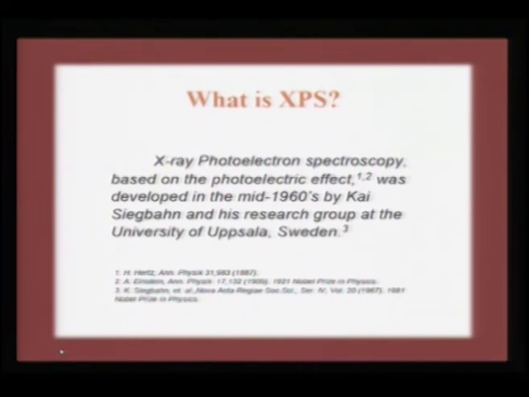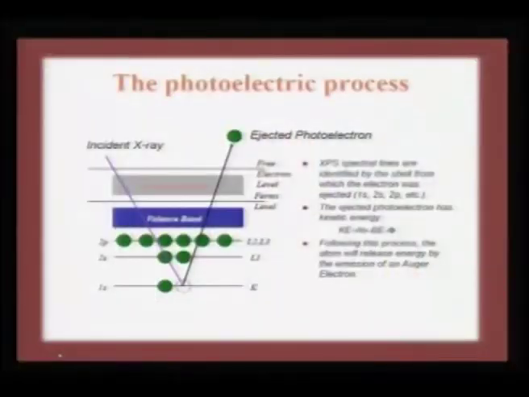I also told you what X-ray photoelectron spectroscopy is. Basically this reflects a photoelectric effect, and this simple photoelectric effect can be exploited to analyze and quantify several chemical reactions, and there we looked at what this photoelectric process is.